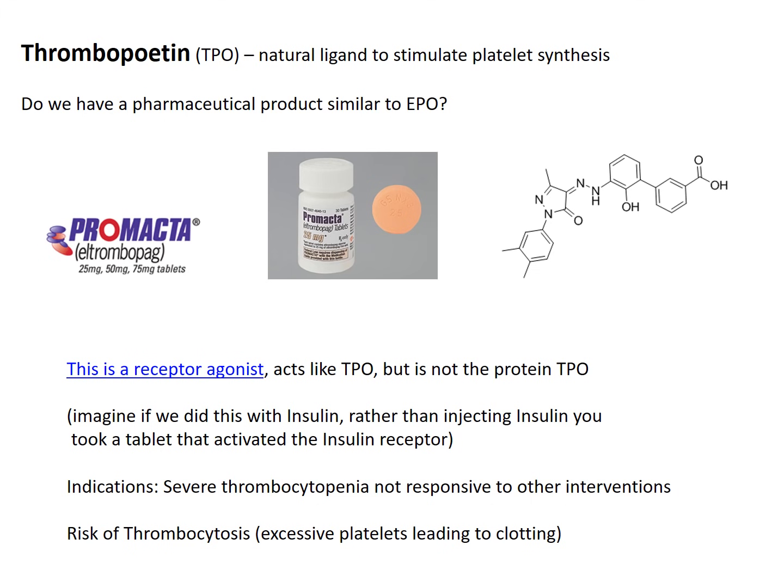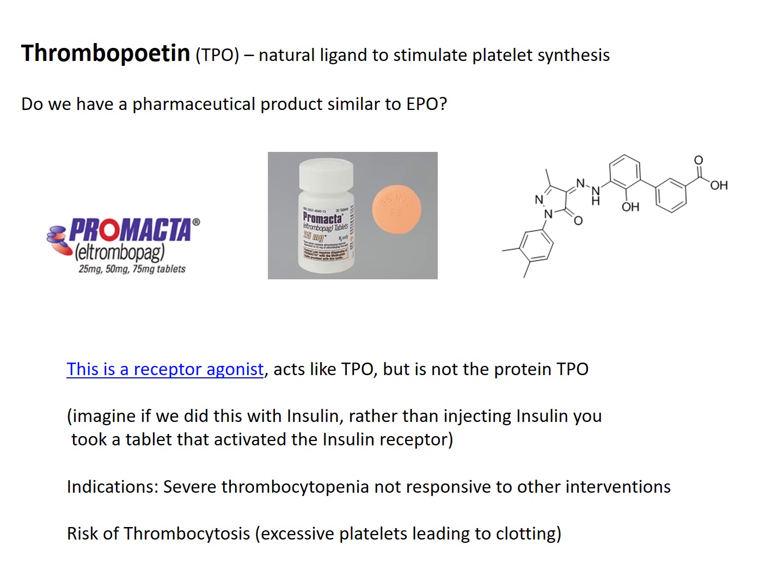So do we have a pharmaceutical product similar to EPO? This is done a little bit different. This is interesting. We can give individuals erythropoietin, the protein, to get them to stimulate red blood cells. What we do with people to stimulate platelet production is we give them a drug called Promacta.